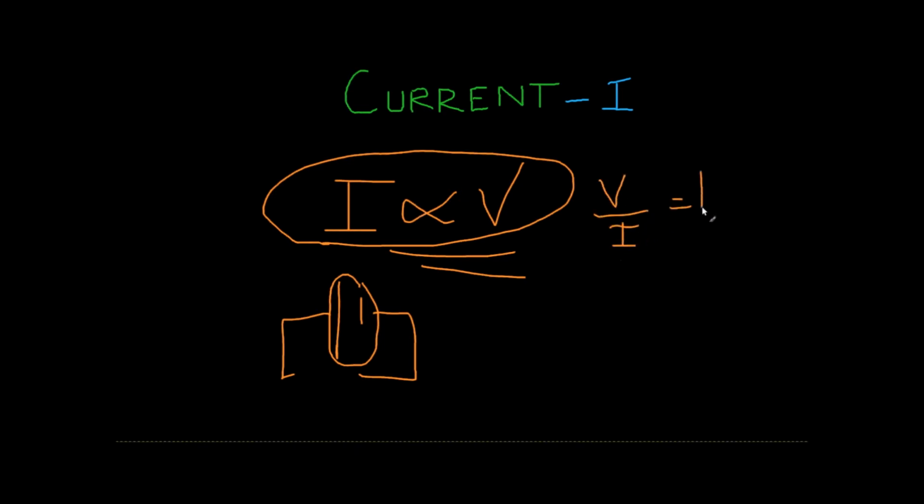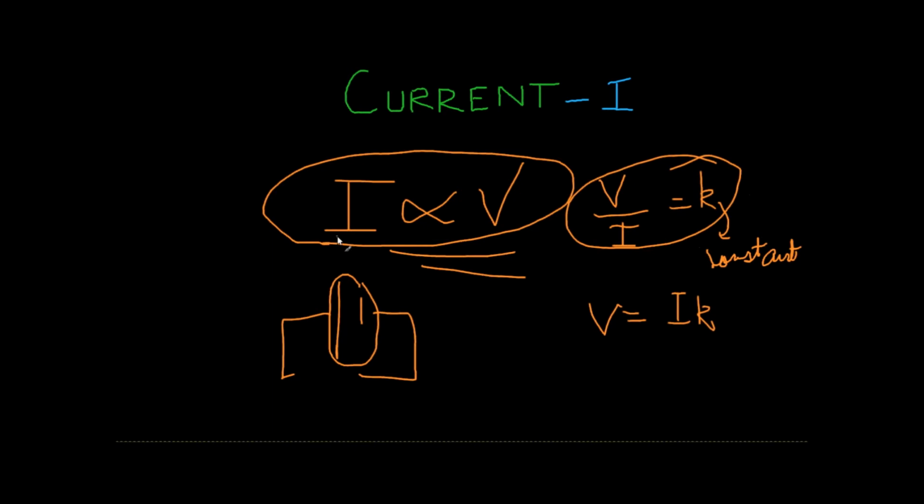Now K here is nothing but a constant of proportionality, or not even proportionality, I'm sorry, it's just a constant. So if I have V by I is equal to a constant, then I can say that V is equal to I K. Now you don't even need to know this, but if in general you have V directly proportional to I, then if you want to remove this proportionality sign, I'm really sorry, you just incorporate in this relation an equal to sign and another constant.